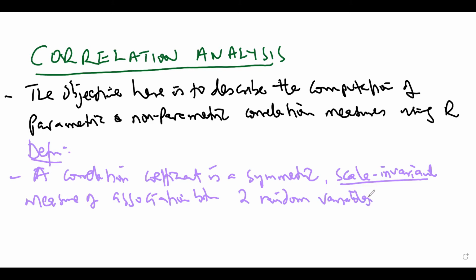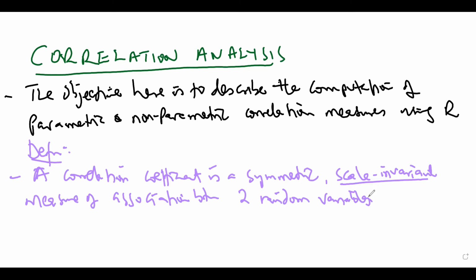The word scale invariant here is key because it means that if you, for instance, divide the observations by a given value, and usually we prefer to divide by the standard deviation, if you take all the observations and divide by the corresponding standard deviation of the variables, then the correlation coefficient will not change because of that. I'll be illustrating that in a short while.